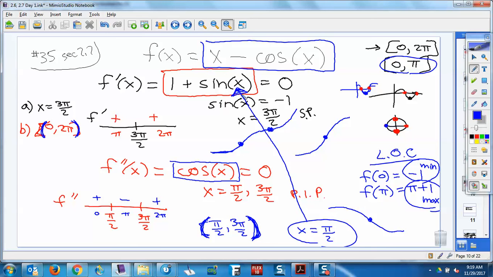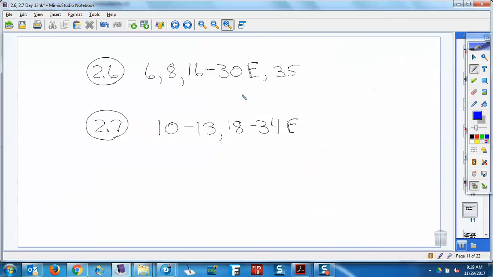So, all right. On your homework, right after where it says solving equations review sheet, those next two that are grouped together, 2.6 and 2.7. I think it's these problems right here. The E means even, if you didn't know.